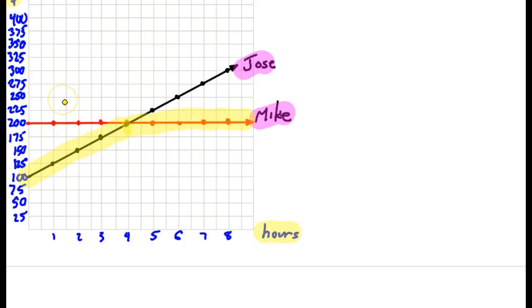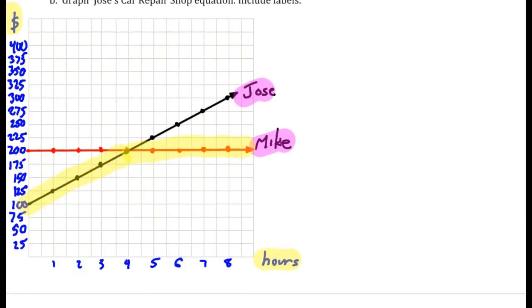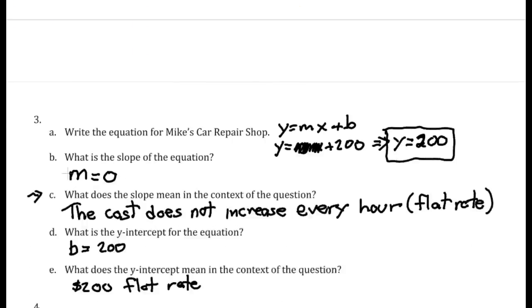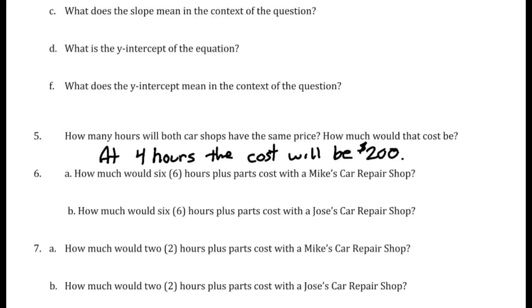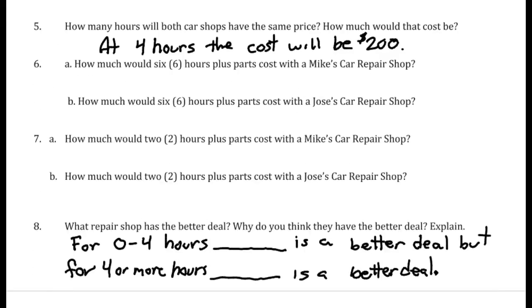Don't just say, oh, it's Jose or it's Mike. You have to say, well, when would you go to each one? And that goes back to the original question. What would you ask the mechanic about your car? You say, well, how long would it take? And that information will let you know which garage to go to, which mechanic to choose. So you got to be able to put all this together and figure out what you would really do with this information, okay?